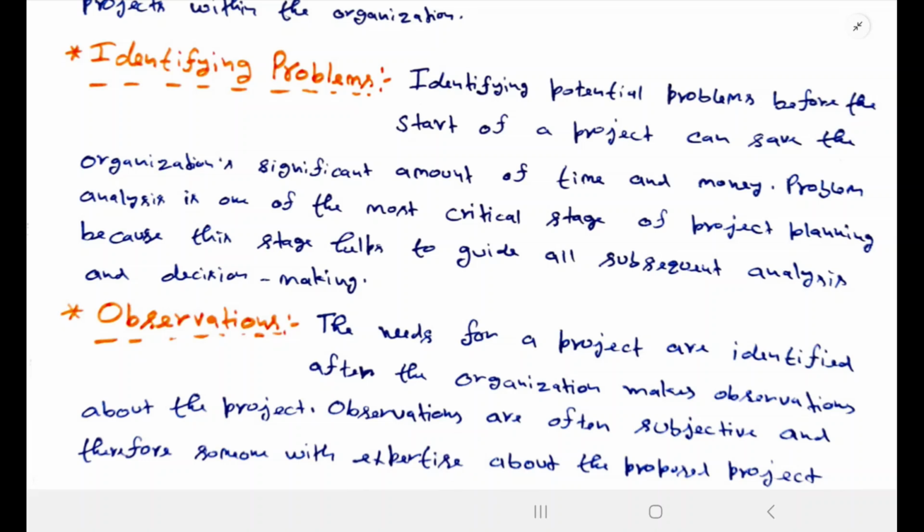First of all, we will identify the problem for what we are going to work.